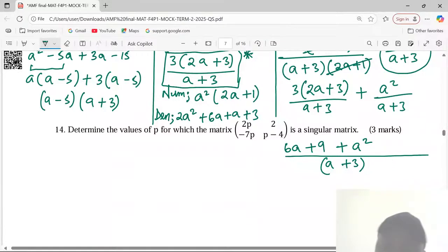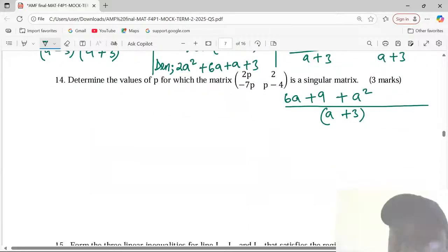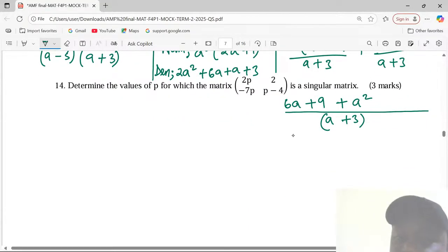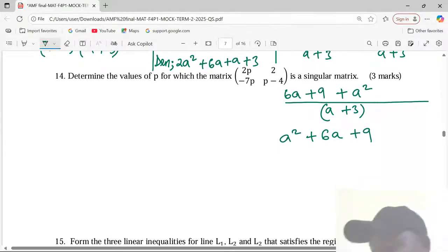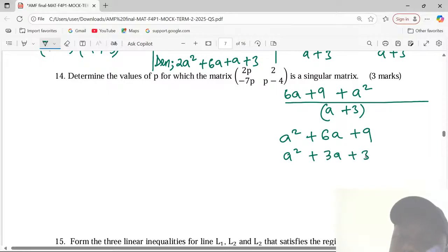At that point now, we can see the numerator can further be factorized, by first writing it as a squared plus 6a plus 9. So we need to split 6 into 3 and 3: a squared plus 3a plus 3a, plus 9.